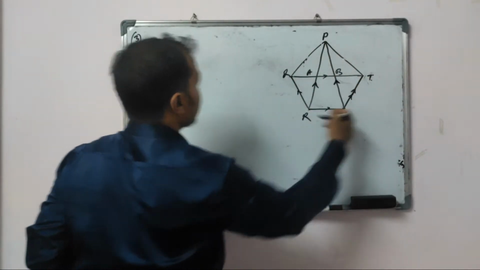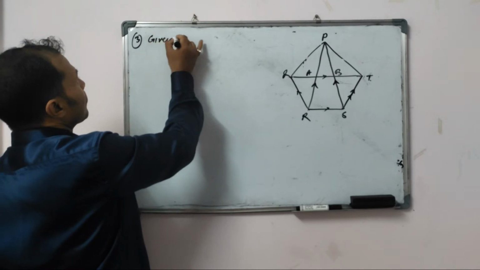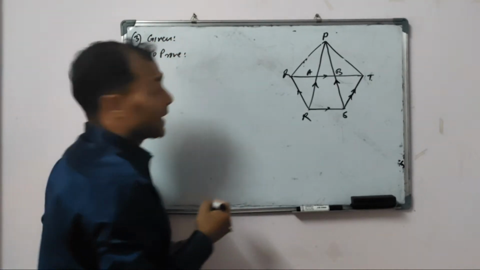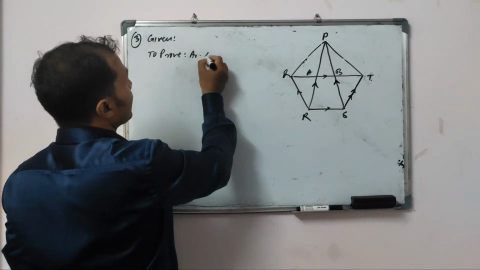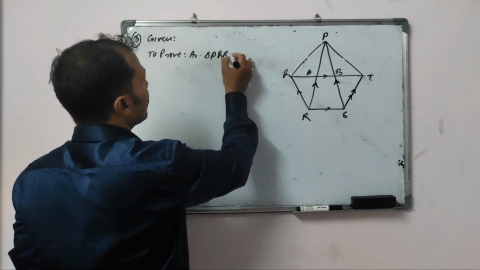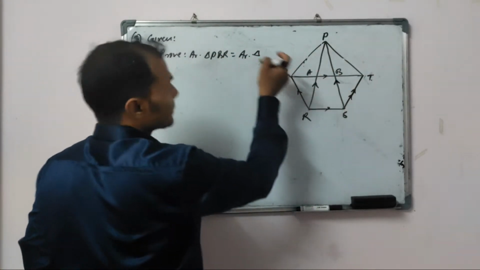PQR, PTS. See, given to prove: you need to prove that area of triangle PQR equals area of triangle PTS.